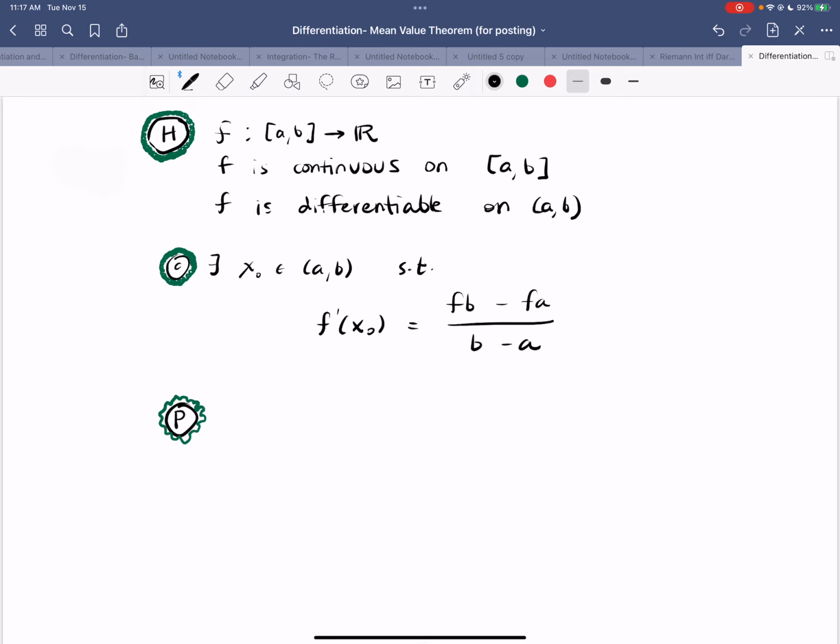So for the proof, as we said, we're going to consider L(x), the secant line through the points (a, f(a)) and (b, f(b)).